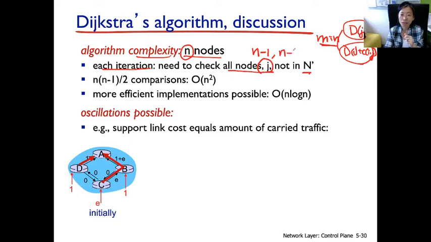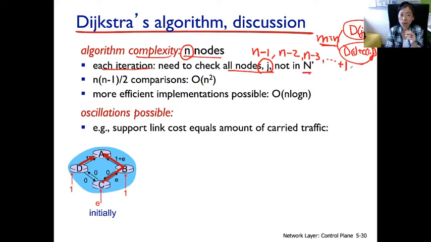Second iteration, how many? Because there's one more node being included into N prime, the number of j in the second iteration is only n minus 2. Third iteration, and we can go on until the second last iteration, where we have only one node remaining connecting to the new node being added to N prime.